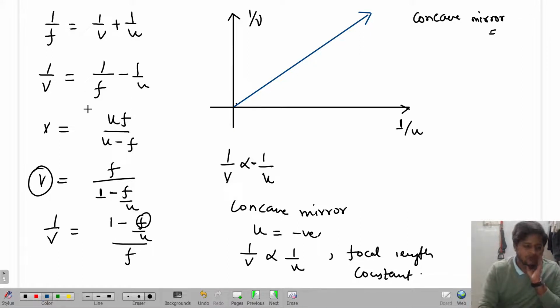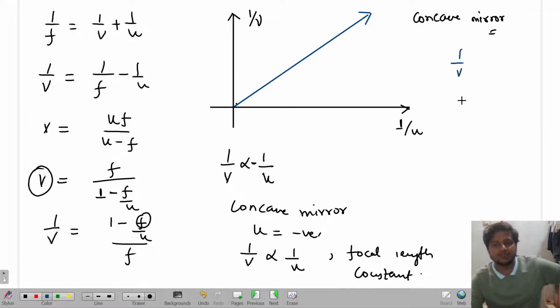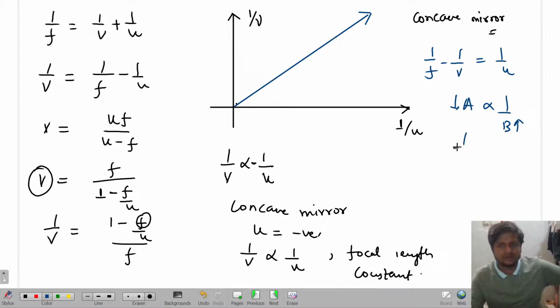So Gagan, one more important thing you need to consider is whether you are taking the ratio or its inverse. It is like 1 by V, right or not? 1 by F minus 1 by V is equal to 1 by U. If A is inversely proportional to B, if B increases, A decreases. But what happens if 1 by A is inversely proportional to 1 by B?